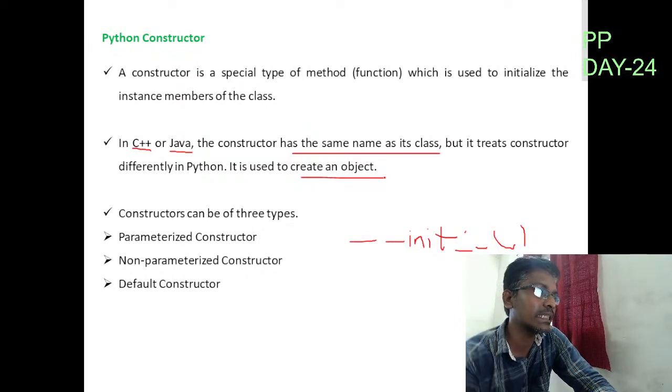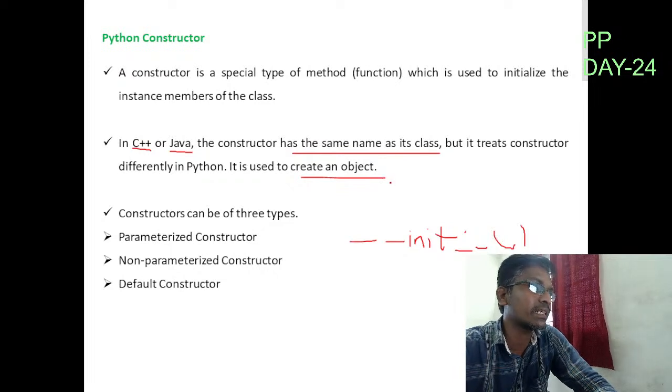Whereas in C++ and Java, the function name being the same as the class name is called a constructor. In Python, by using the init function, you create a constructor in the class, and by using that constructor, you create objects.